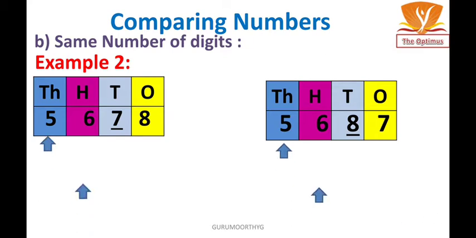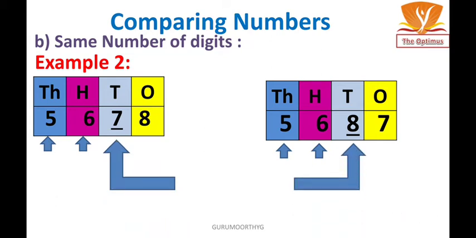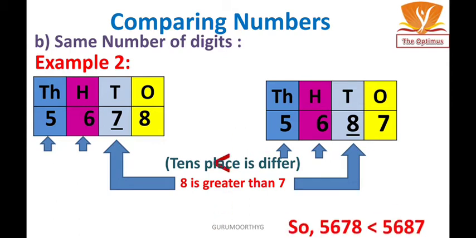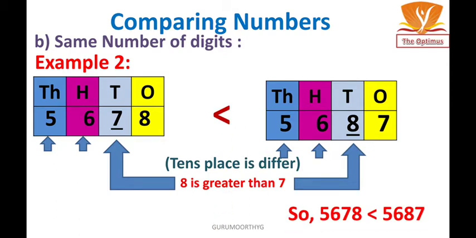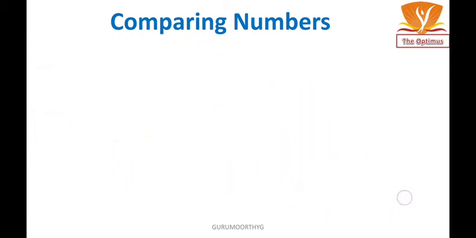Next we compare the tens place. Here the tens places differ. The first number's tens place is 7 and the second number's tens place is 8. So the second number is bigger than the first number. We use the less than symbol here. Therefore, 5678 is less than 5687.